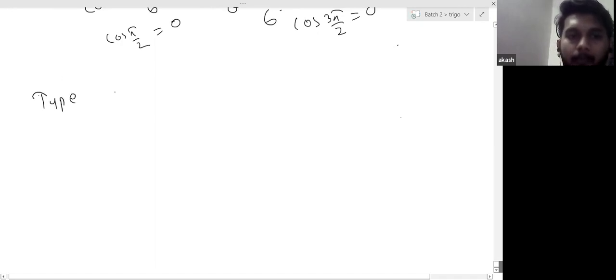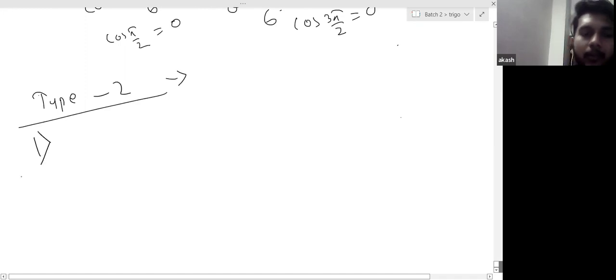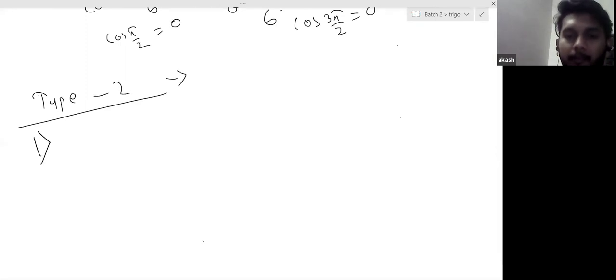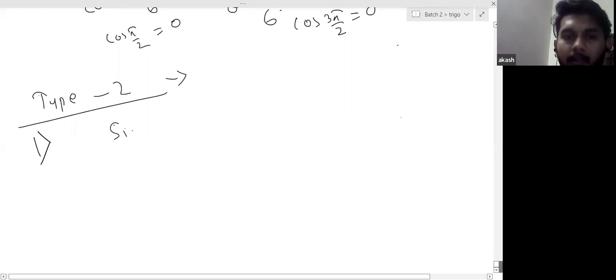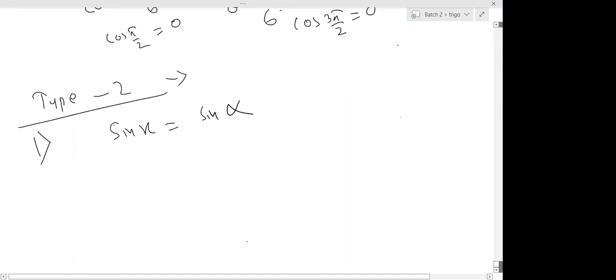Type 2. First write down all the formulas, then I'll explain. If they are giving you sine x equals sine alpha, then the formula for x is n pi plus minus 1 raised to the power n alpha. Just write it down, I'll explain.